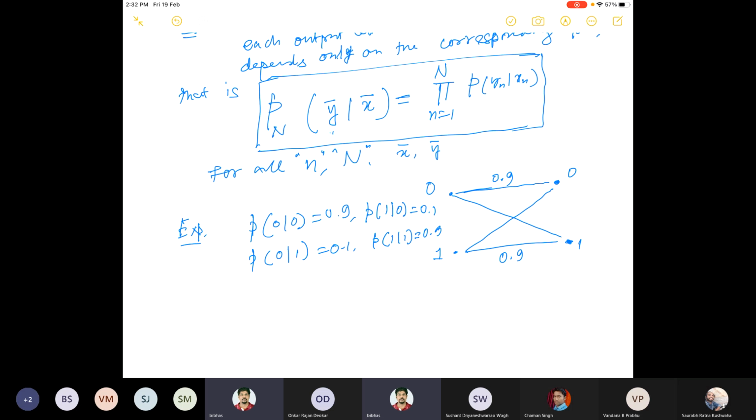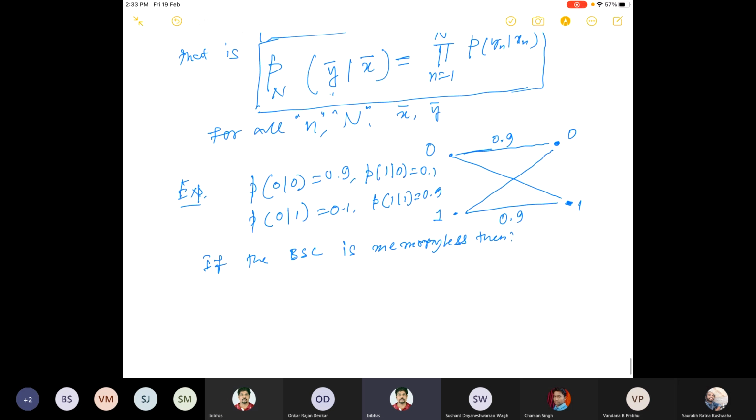Now, if the binary symmetric channel is memoryless, then what will happen? Suppose I construct a sequence of length 2. My question is, what is the probability of receiving 0 0 when 0 0 is sent?